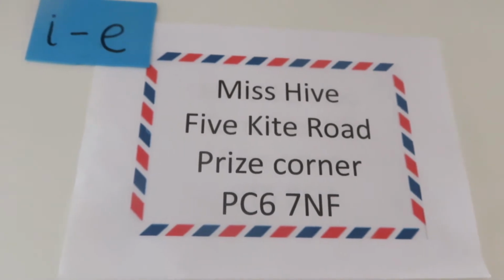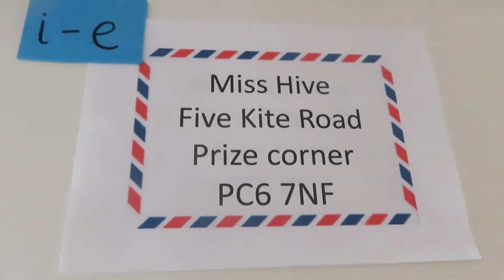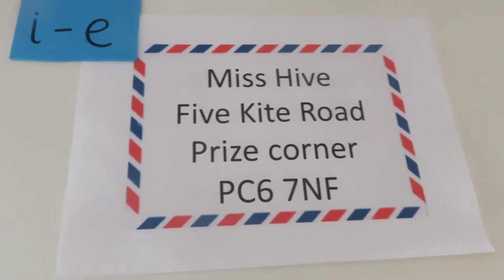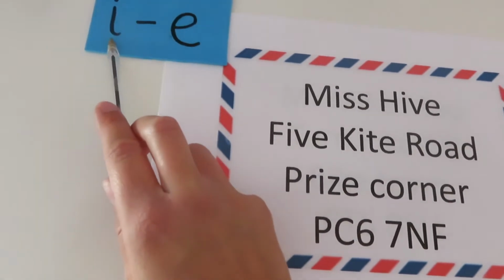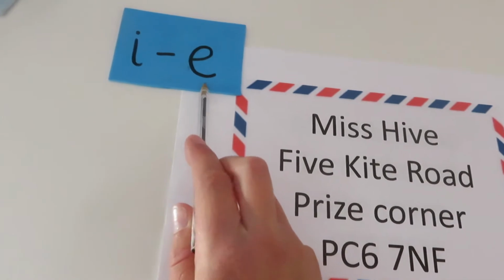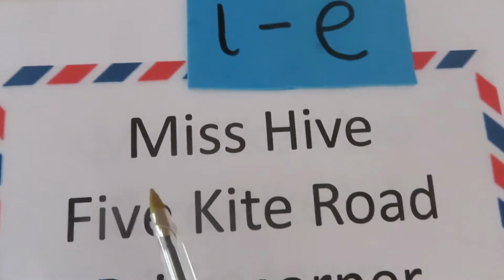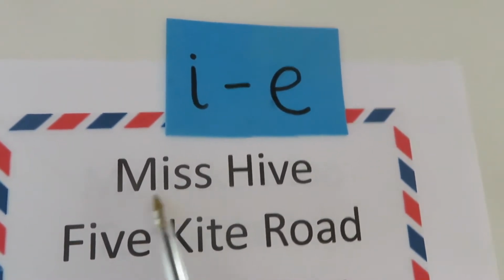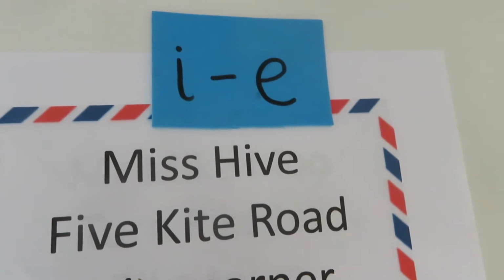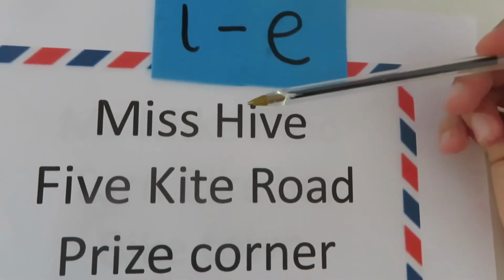So here I've got my first letter that I need to post. Before I read it, I'm going to look through all of these words to see if there's an I and an E split up in a word. Let's have a look at the first word. Oh, I've got an I. Have I got an E? No, so that's not a split I digraph in that word. Let's have a look at this.